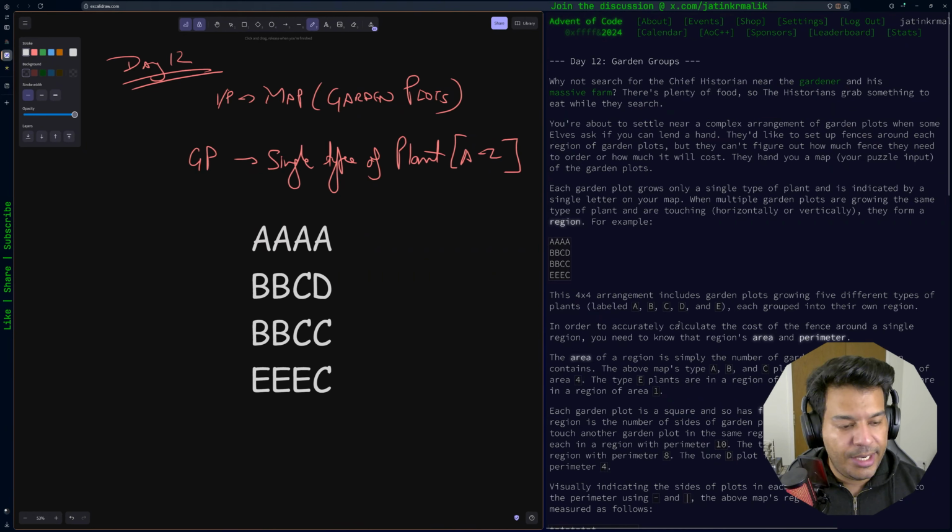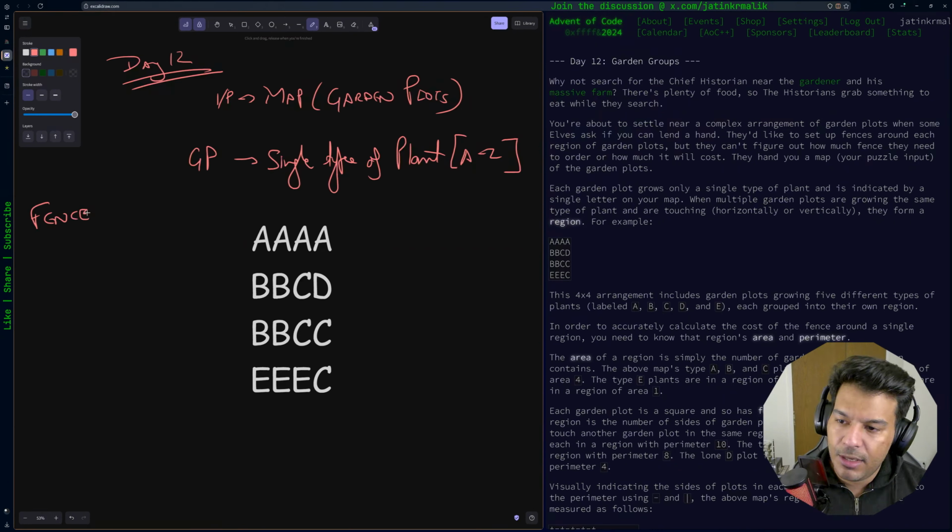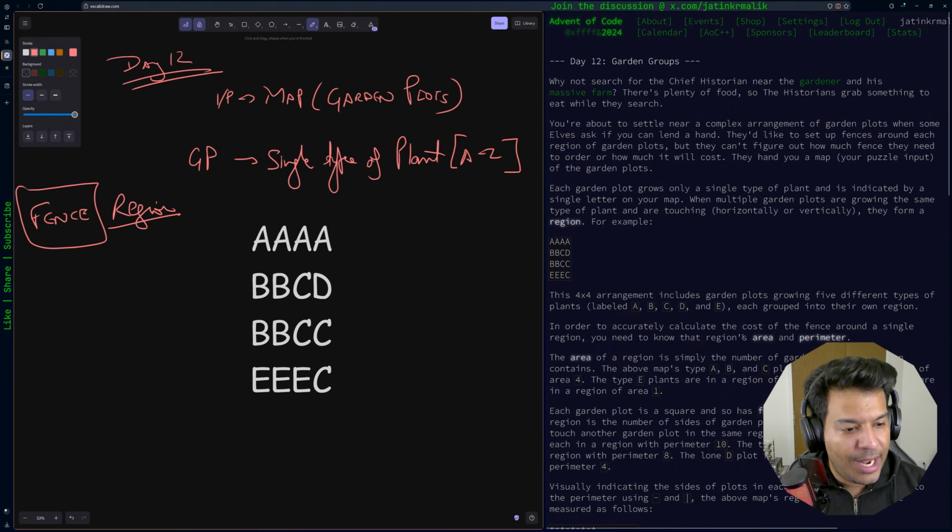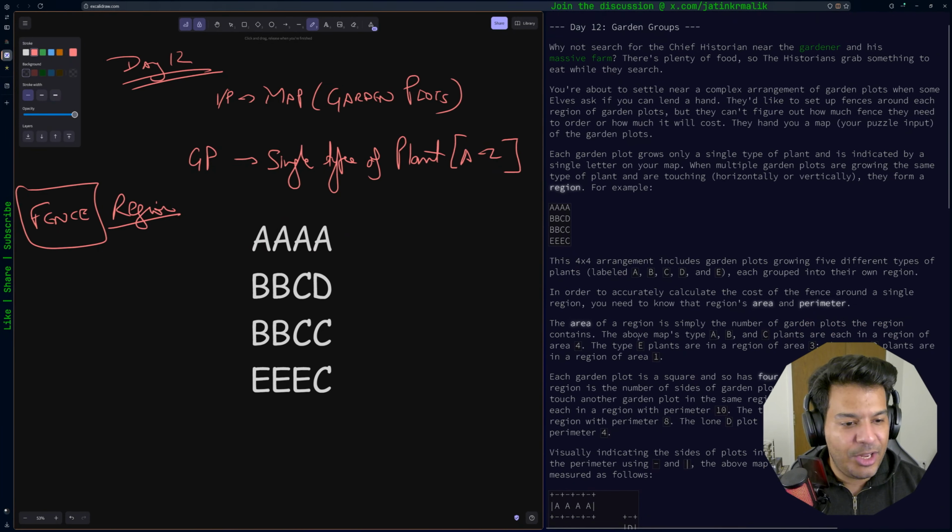In order to accurately calculate the cost of fence around a single region, you need to know what the region's area and perimeter are. That seems interesting. And the area of a region is simply the number of garden plots the region contains. So that's simple.